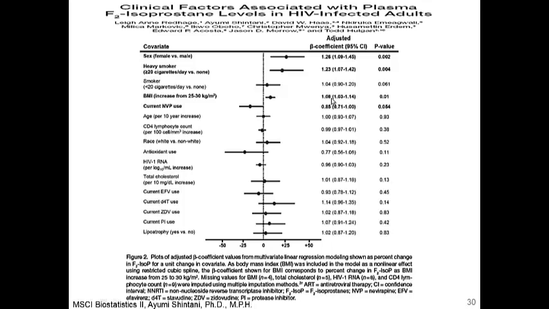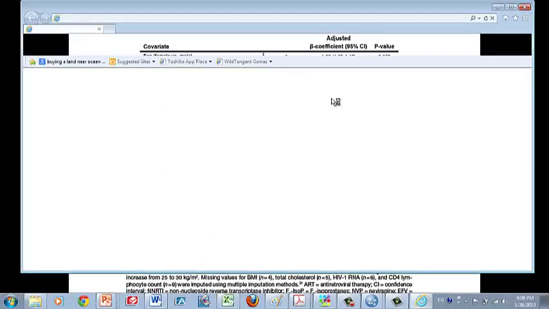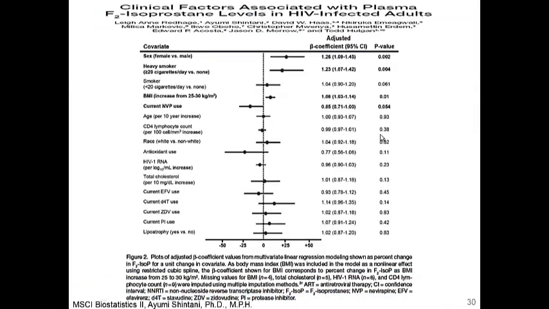Remember, the outcome is log transformed. Therefore, we take the exponential of that. So we took the exponential of the beta coefficient, and then we convert it to relative increase. So this means that for every 5 unit increase in BMI, there is a 6% increase in F2 isoprostane level, and the result is statistically significant.